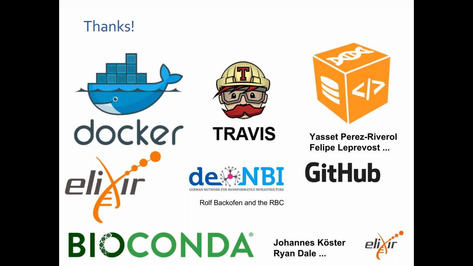Conda and Anaconda also provide us with space where we can store our packages. And last but not least, thanks to Elixir and the German network of bioinformatics infrastructure for supporting this project and these ideas to have finally a FAIR and sustainable tool infrastructure.